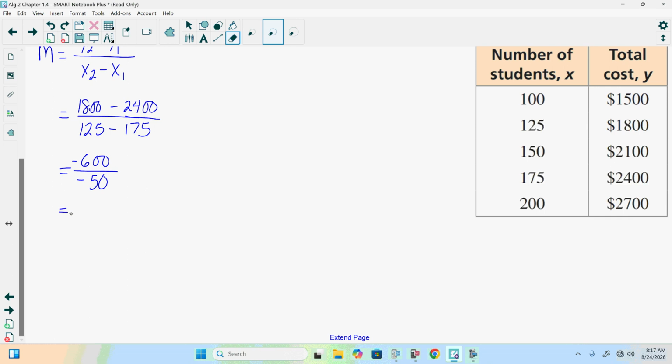Negative divided by negative is a positive. They both have a 0. They both have a factor of 10. We can get rid of it to start with.